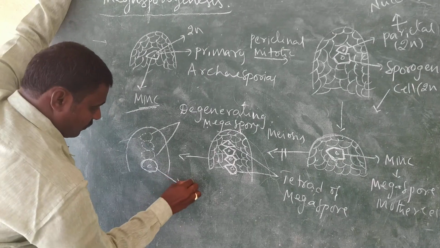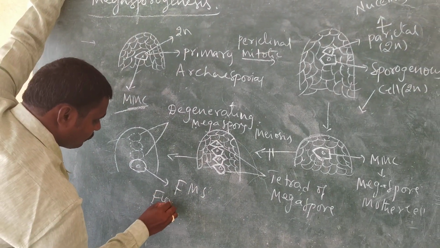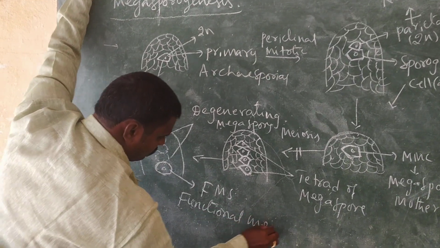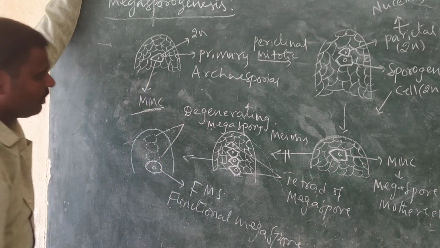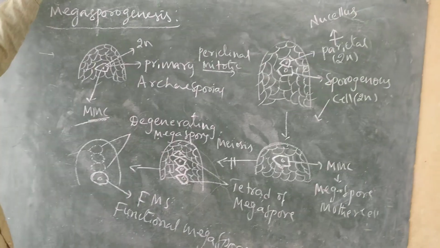So this one is the functional megaspore, FMS. This is about the entire process of megasporogenesis.